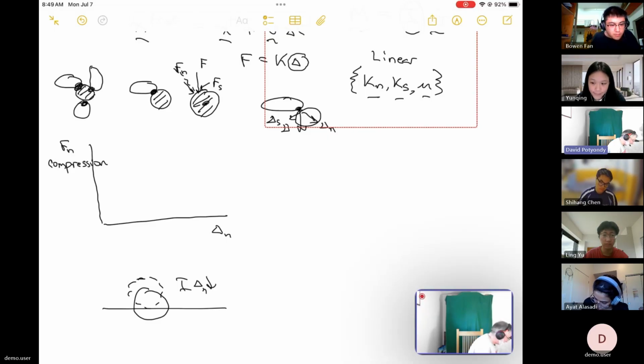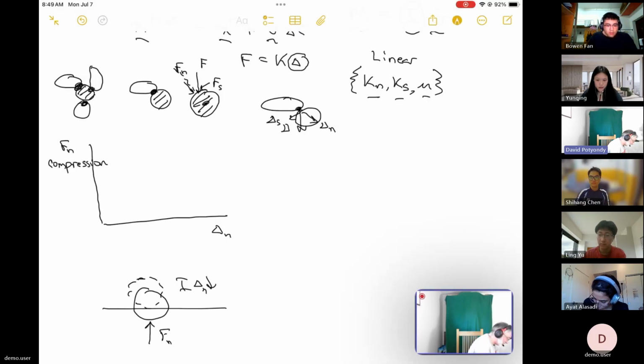So for the delta n, I forced this guy to move down, which means that guy feels now Fn pushing against them. And notice there's no more vector equations anymore. These are simple direct equations. These are scalars. And so normal versus, so if I go this way, this is overlap, and this is gap.